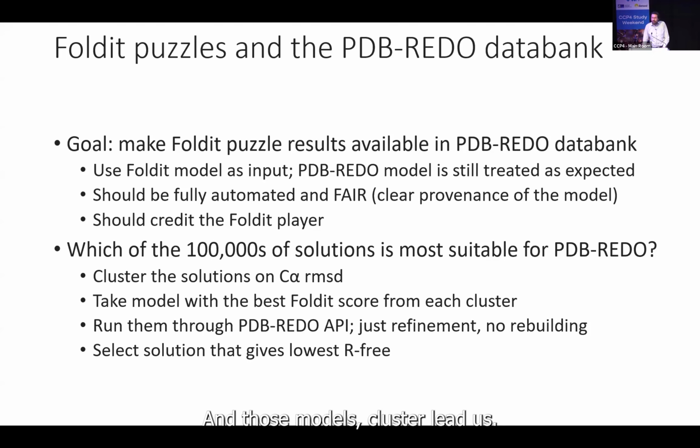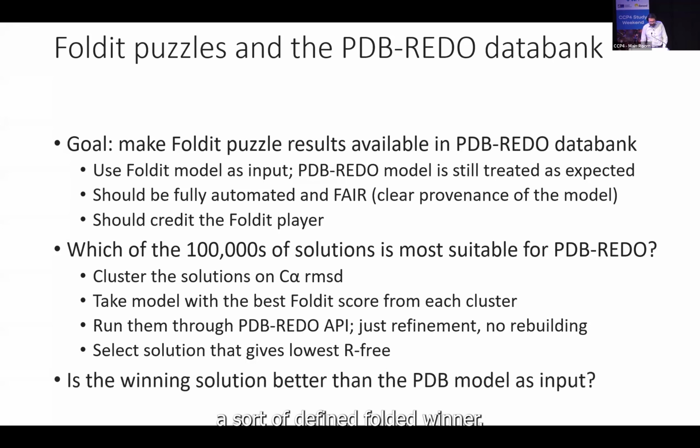And those models, call them cluster leaders, are run through the PDB-REDO API, and it's the same thing that you have straight from CCP4, and we just do model refinement. So no rebuilding, we take the build state from Foldit, and then from the results, we take the one with the lowest R-free. So now we have a defined Foldit winner.